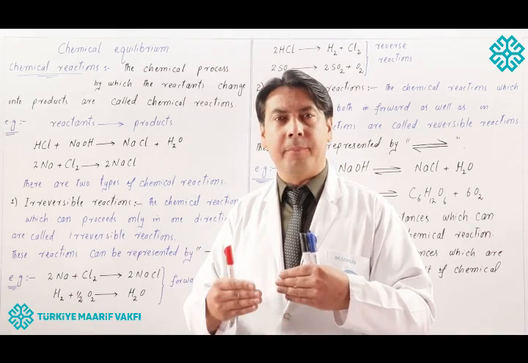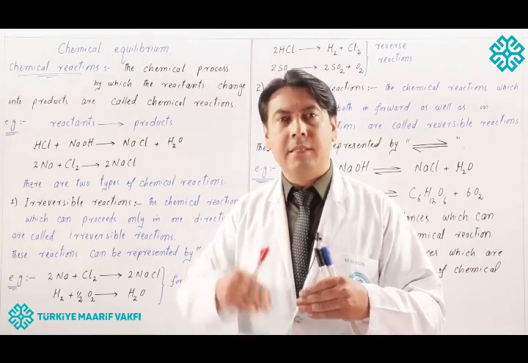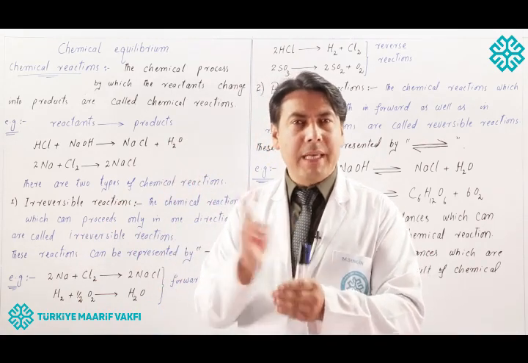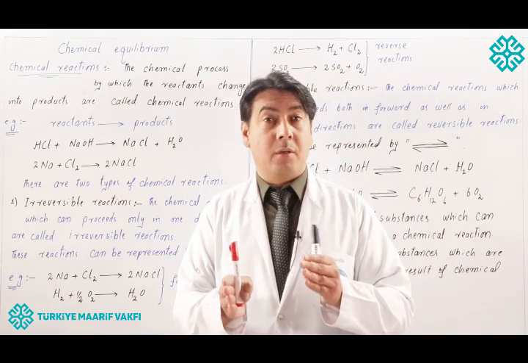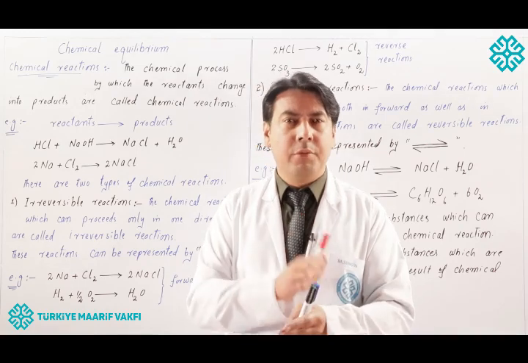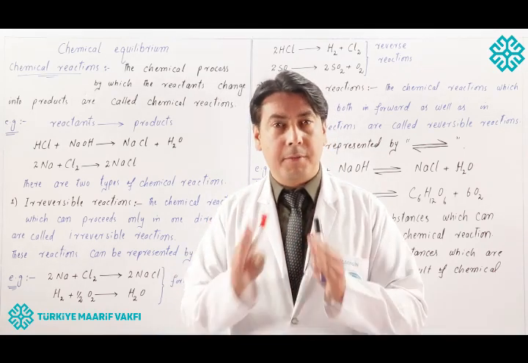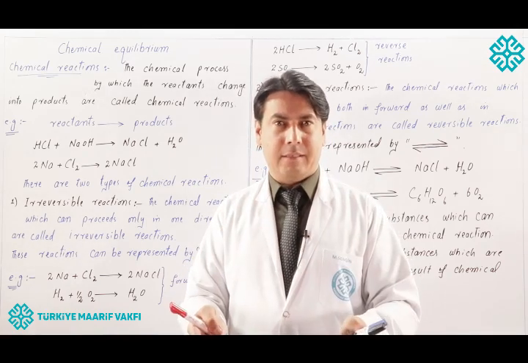One direction means either the reactants convert into products only, and the products cannot be converted back into the reactants, or only the products can be converted into the reactants, and the reactants cannot be converted back into the products. So these are in one direction.